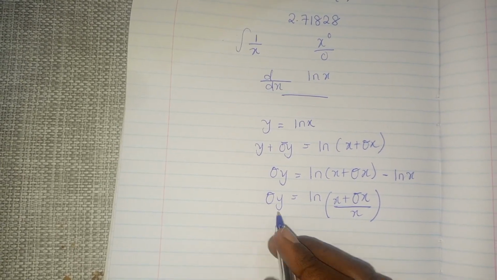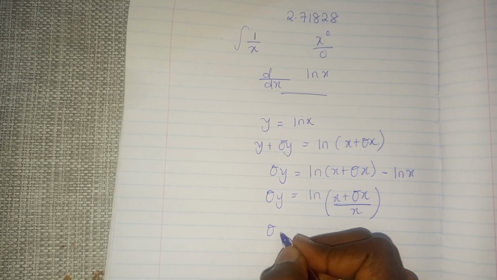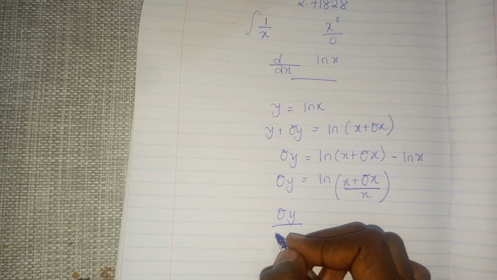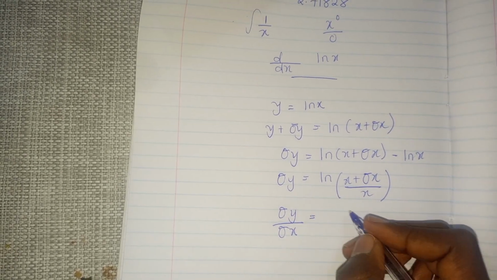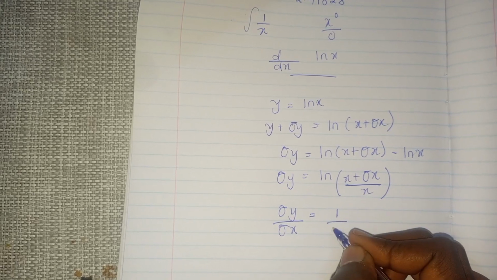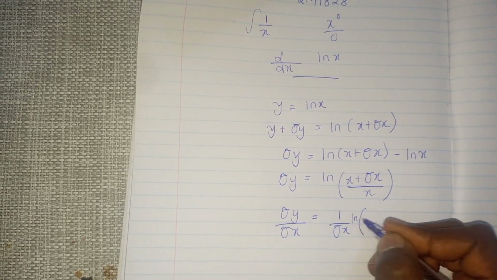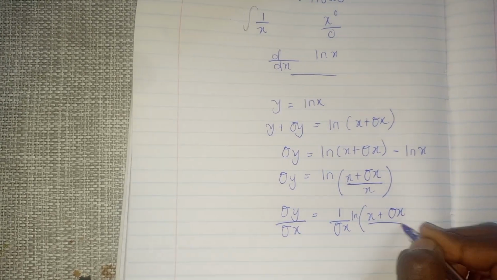So if we are to multiply throughout the equation by the inverse of increment of x, so that we have a ratio of the two increments, we're going to have 1 over increment x times ln((x plus increment x) over x).